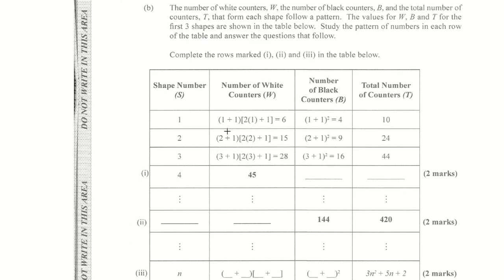Now, when you have a question like this, and you have different numbers, you see how we have different numbers that come together to form that 6? Because if we look at 6 and 15 and 28, they are not square numbers, right?